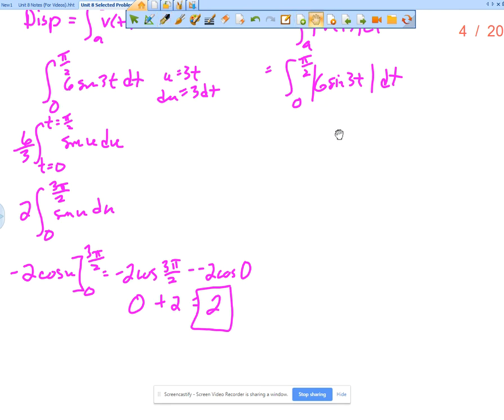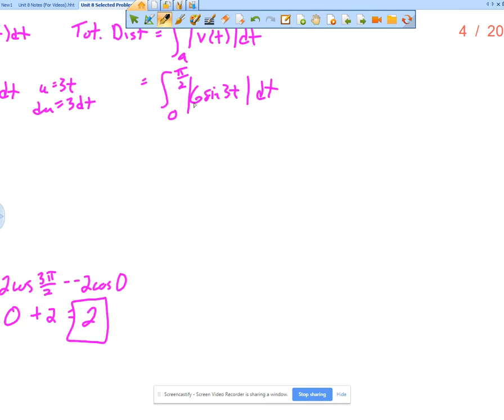All right, so now the next one. I need to figure out when 6 sin(3t) is positive and when it's negative, so I know how to split this up. First I need to find out when it's 0. 6 sin(3t) equals 0, so I divide by 6. Sine is equal to 0 at 0, pi, 2 pi, 3 pi, and so on, so pi n. That is 3t, so t equals pi over 3 n, where n stands for any integer.